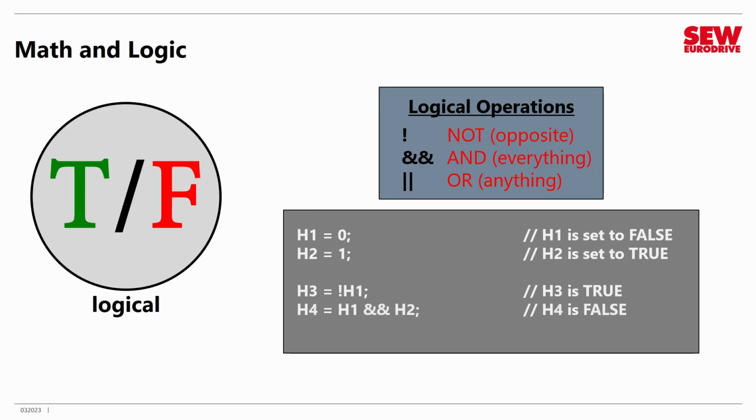If I say H4 is H1 ANDed with H2, that means I take H1 and H2. They both have to be true for that AND to give back a true. But they're not. H1 is false. So H4 will contain a false, because that's how the AND operation evaluates. On the other hand, if I OR H1 and H2, since H2 is true, then I'm going to get a true out of that, and H5 will now have a true in it.